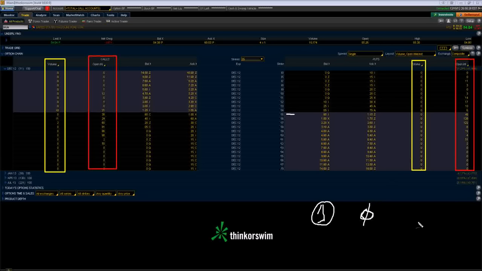So if we just create options right now for UGA and there's an open interest of 1, and that open interest happens to be a 55 strike call, a long call, and I say I want to buy a 55 strike call, and this fella here that owns the 55 strike call says, I'll sell you mine.